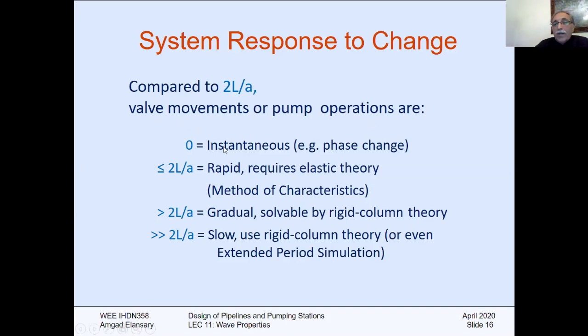For example, if it is zero time, if the response is zero, it means instantaneous. You mean you close the valve instantaneously. This is the zero time. We compare this to 2L over A, remember.